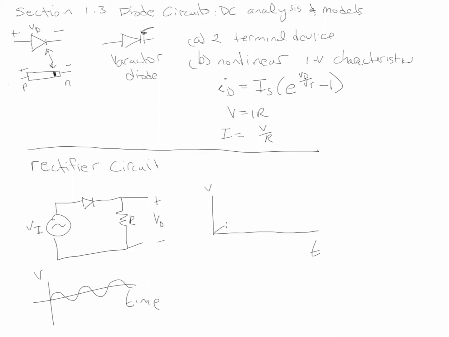Every time the input is positive, you get a positive output, and then it reverses and we're in reverse bias, so you get no current. Then positive, then reverse bias, then positive. So this is forward bias, reverse bias, forward bias, reverse bias. That's a rectified signal. The circuit is said to rectify the input signal.